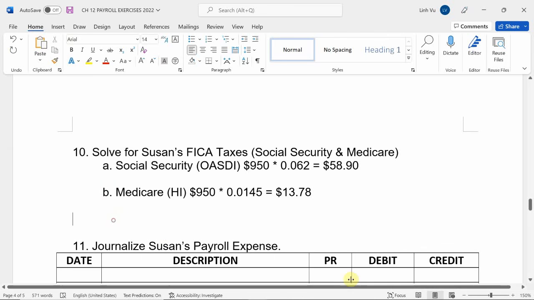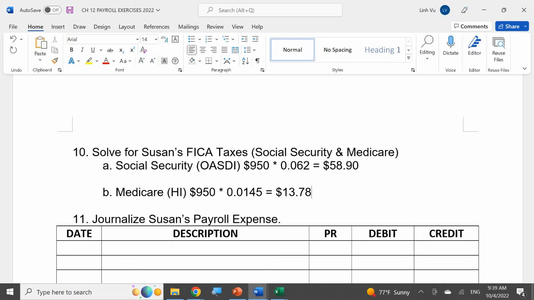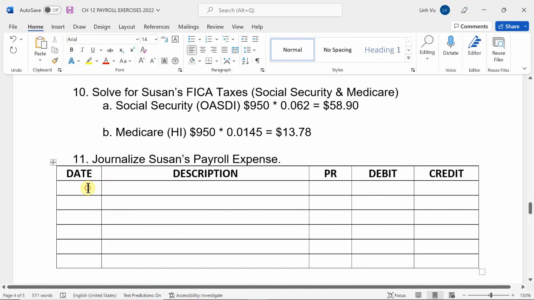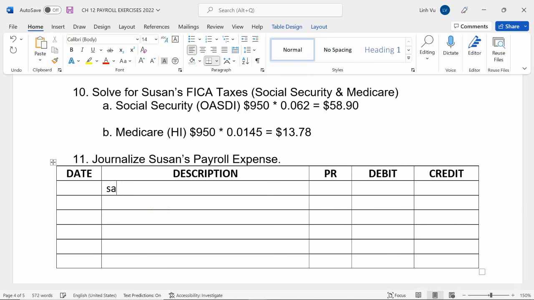So now let's go ahead and journalize Susan's paycheck. What am I going to be recognizing? Salary and wage expense, for how much? $950.